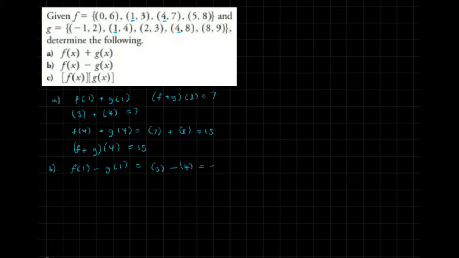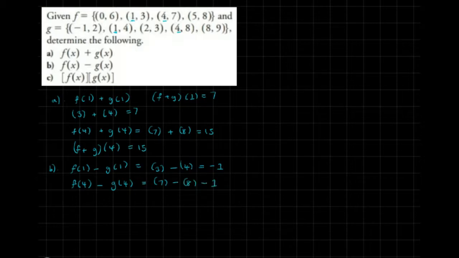So 3 minus 4 here is negative 1. And the other point that we can use here is f of 4 minus g of 4. f of 4 here is 7, g of 4 here is 8, and this is going to give us negative 1.